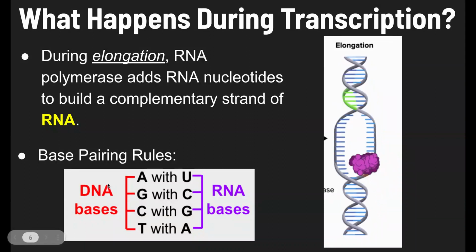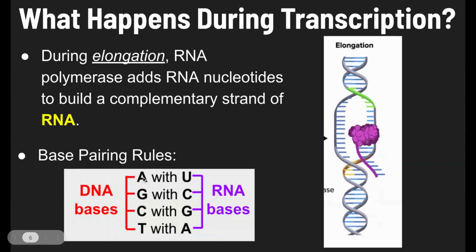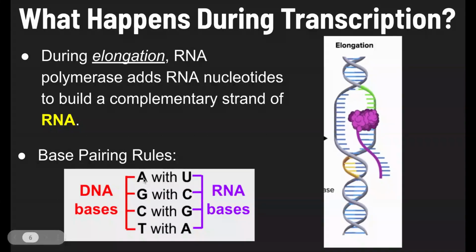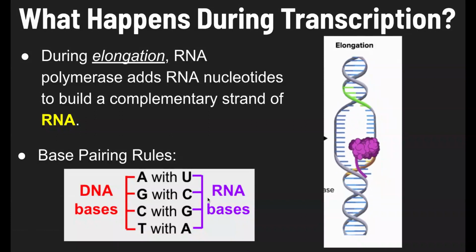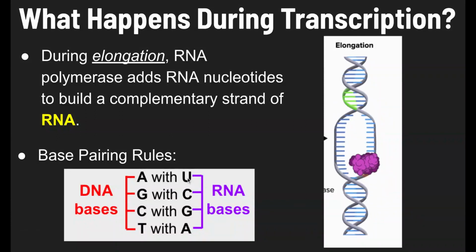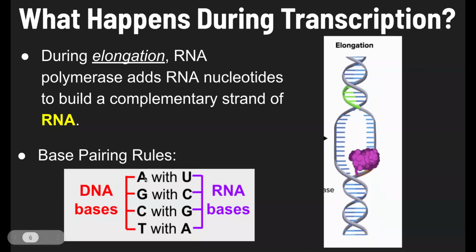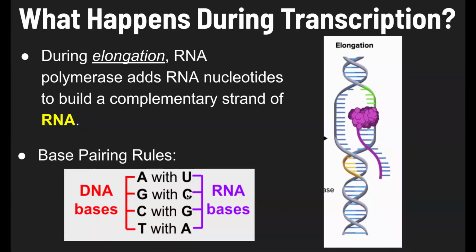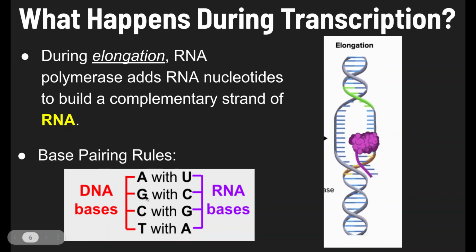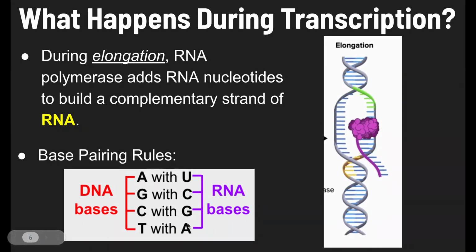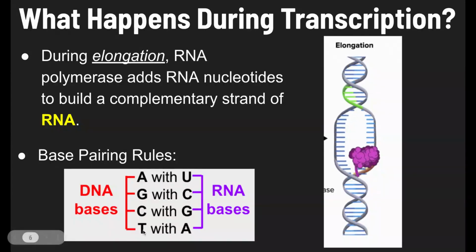Say that I have a strand of DNA here with the letters A, G, C, T on it. When that strand of RNA is being built, U in the RNA is going to pair with A. C in the RNA is going to pair with G. G with C, and A with T.